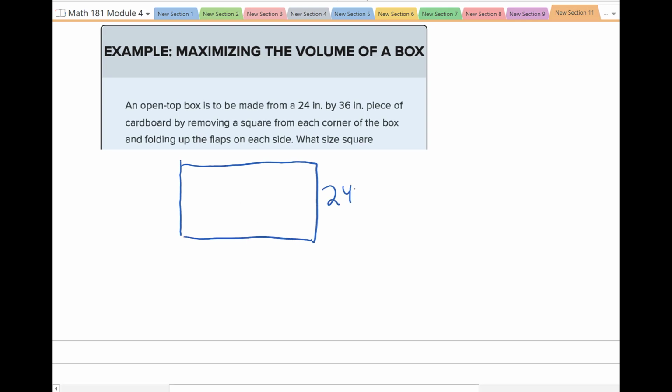So I'm saying this is 24 inches by 36 inches, and we remove a square from each corner of the box. We're going to call that x by x.